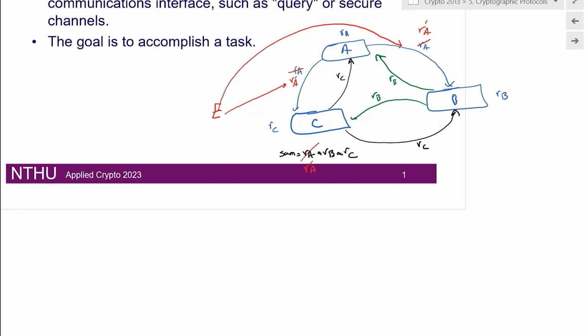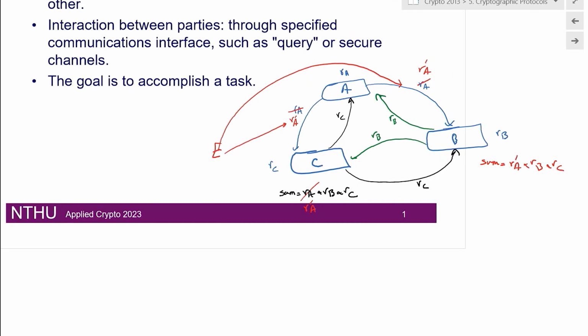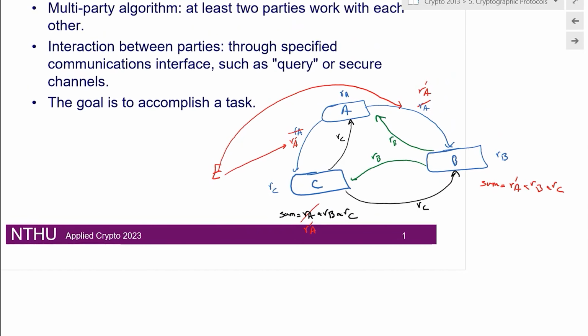And also, from B's perspective, he gets the sum equals R prime A plus RB plus RC. And A would compute sum equals, he doesn't send his R prime to himself, so he adds RA plus RB plus RC.